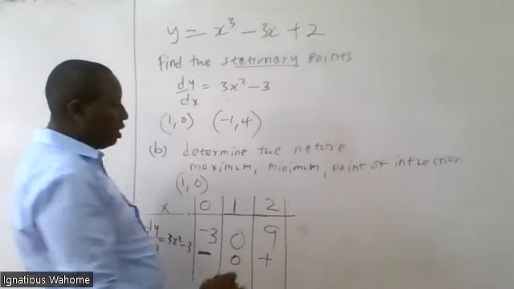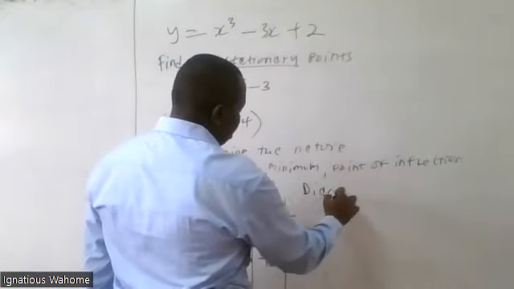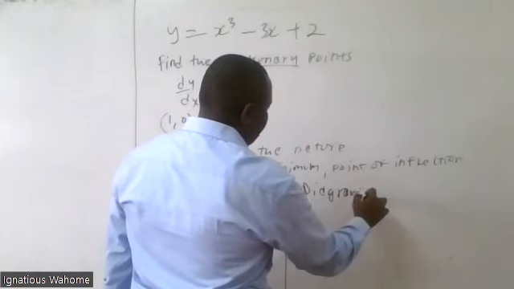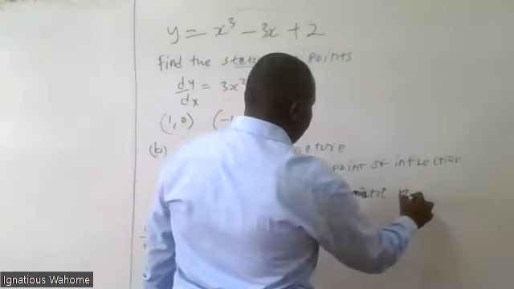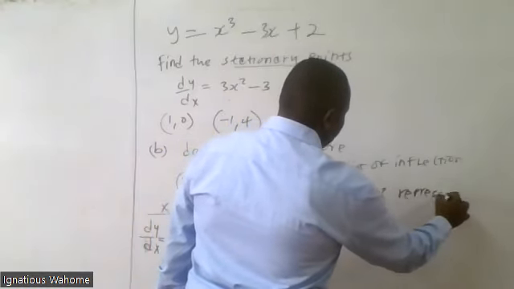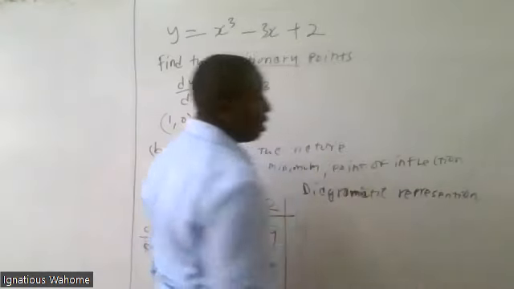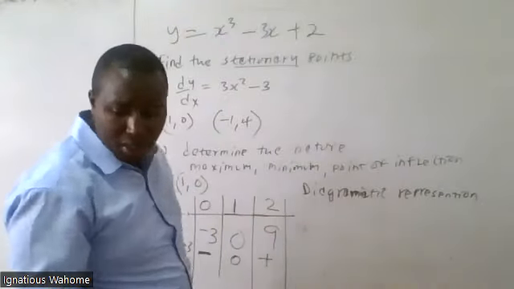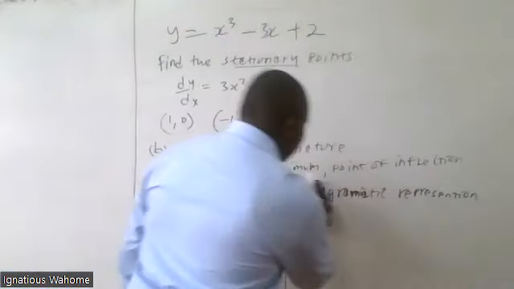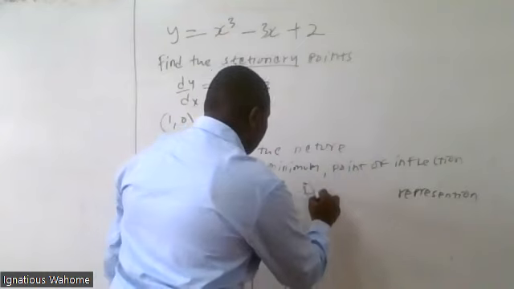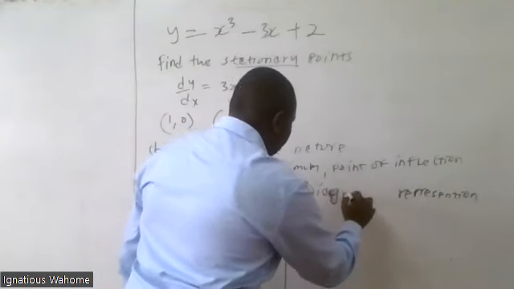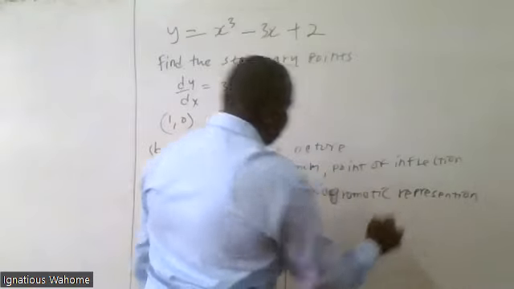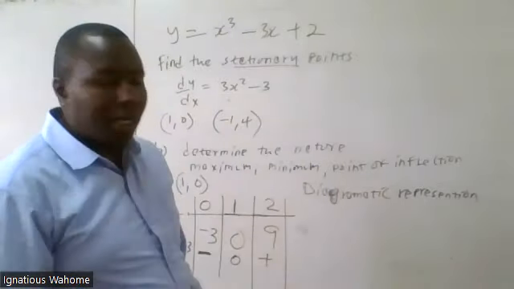There is what we call the diagrammatic representation of a stationary point, because you need a diagram.